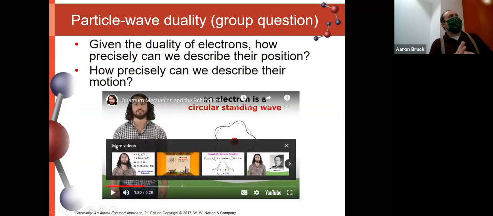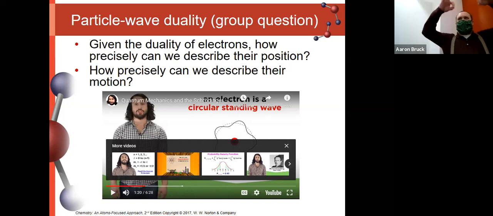Okay, so just a brief timeout here. The waves that we were describing on Monday, light waves, those are linear standing waves. They have a resonant frequency, they have a resonant wavelength. We can measure each of those pretty precisely. What's different here, and he's going to get into the explanation of this, is that instead of a linear wave, we're going to think about electrons as a circular wave.